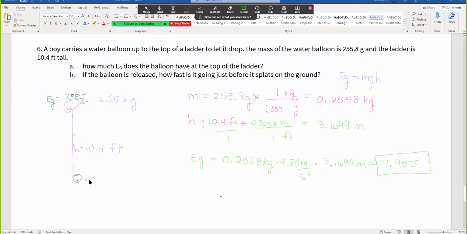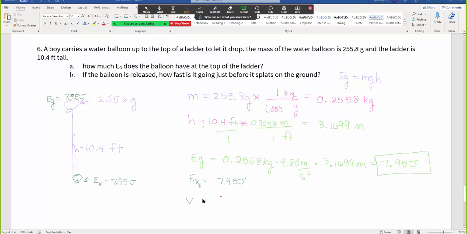That means down here at the bottom, now it's all been converted to kinetic energy right before it lands. So the kinetic energy there is 7.95 joules. So the final kinetic energy is going to be equal to 7.95 joules.